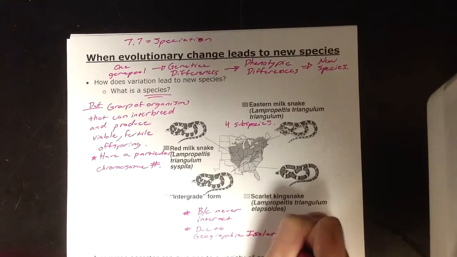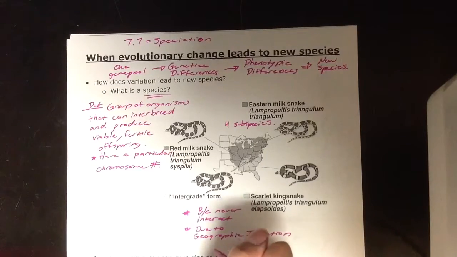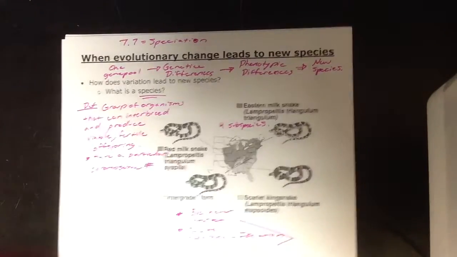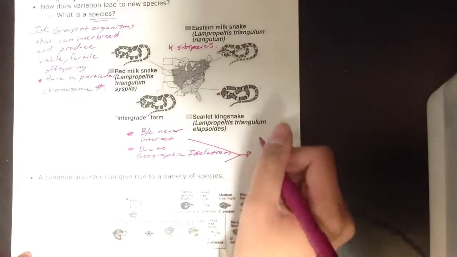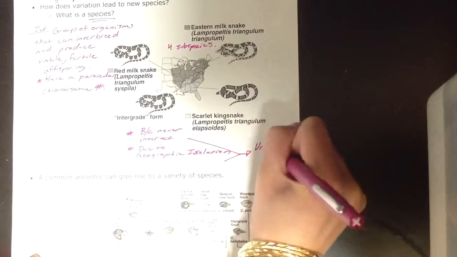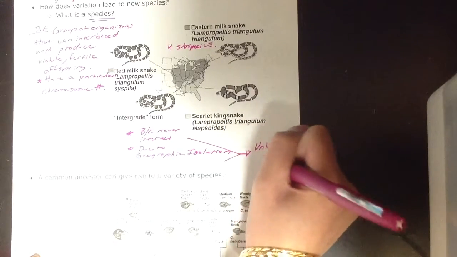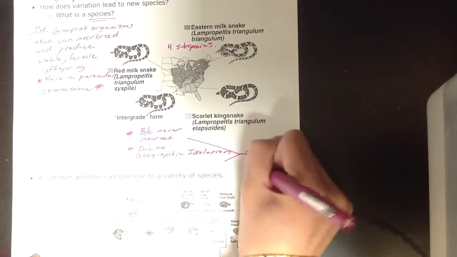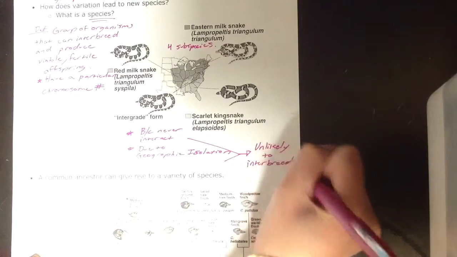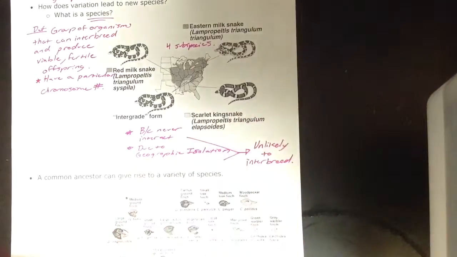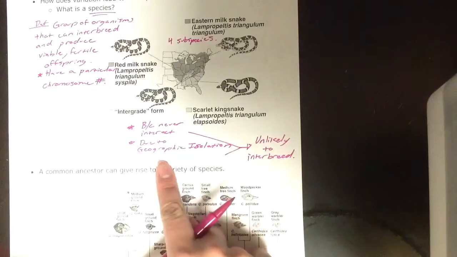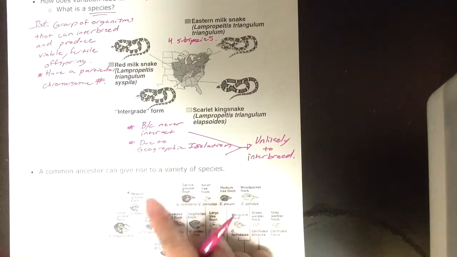The fact that they are divided in different areas means that if they never interact and they're separated by geography, by land, then it's highly unlikely for them to interbreed. So even though there's a potential that they could produce some viable offspring, it's not likely to happen because of their different locations and because they are separated by geography, by land, by different conditions.